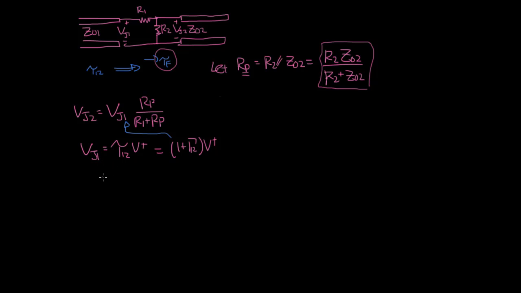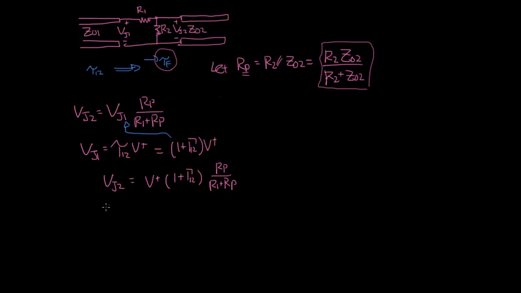So now we get VJ2 is going to be equal to V plus, and then 1 plus gamma 1, 2 times RP over R1 plus RP.